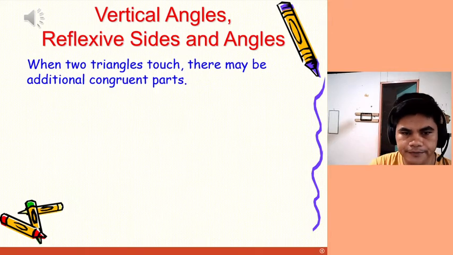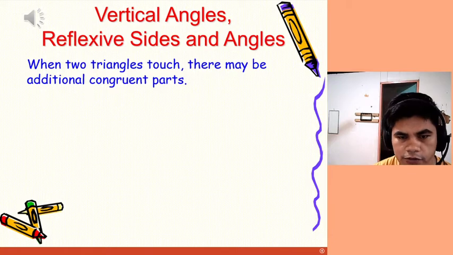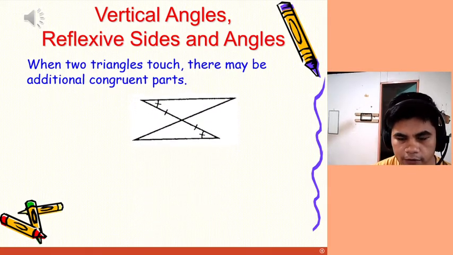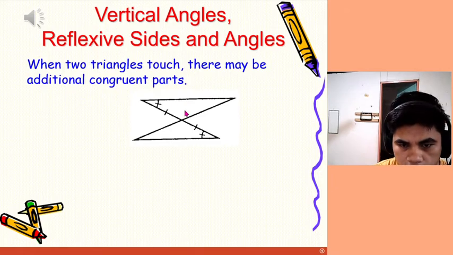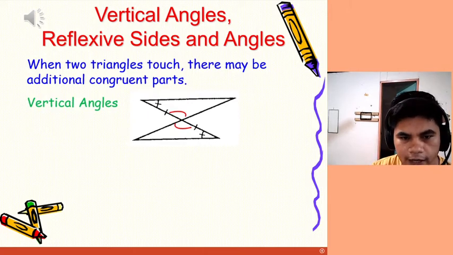Now, when two triangles touch, there may be additional congruent parts, like in this example. There are two triangles formed here. One is this, and another one is this. Based on the marks, these angles are vertical. This angle and this angle are vertical angles, so since they are vertical angles, they are congruent.